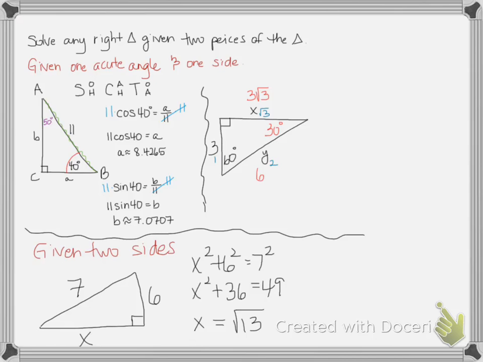So now the issue is, how do you find your missing angles? Because that's the part that I haven't taught you yet. So in the case where you know two sides and you need to find one of your angles, go ahead and label your angles as something. So I'm going to label this as angle A and angle B. You set up a trig ratio here, and you kind of do an inverse thing.